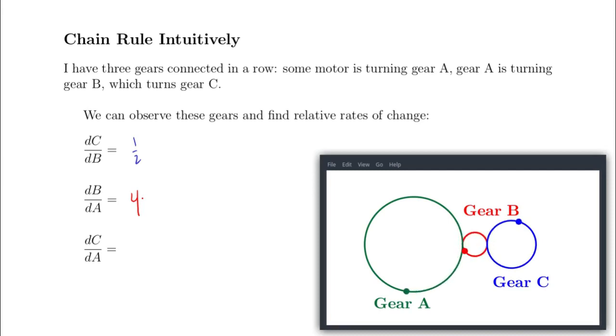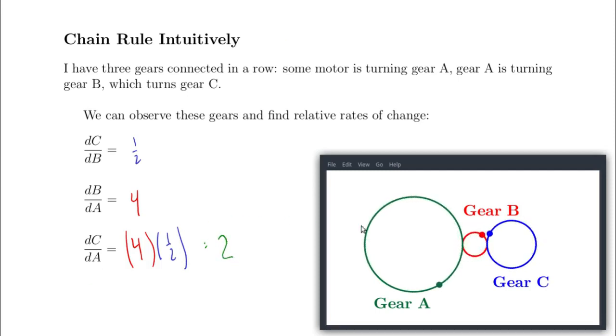We know that when A spins once, B spins 4 times, and when B spins once, C spins half a time. So doesn't it make sense that we're really just multiplying these things together? That means C is going to spin 2 times when A spins once.